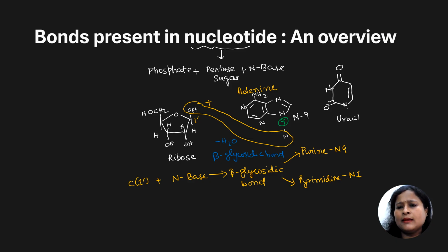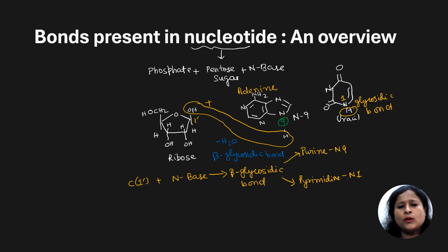So here the number 1 will be forming the glycosidic bond. Okay, again this will react with the ribose sugar OH at the 1' and glycosidic bond will be formed. So 9th nitrogen for purine and 1st nitrogen for pyrimidine. Remember this now. We will study it in detail a little later.